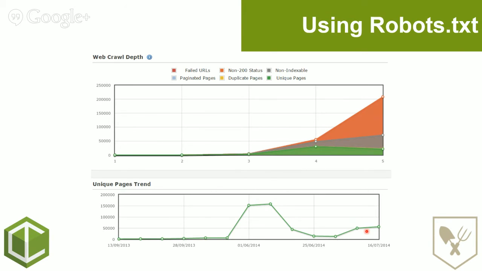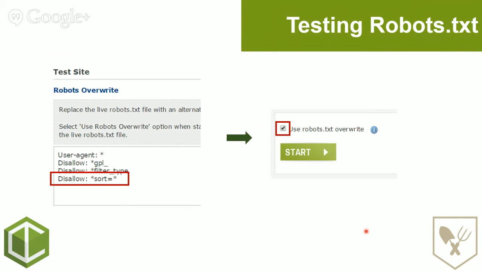So how can you use DeepCrawl to find the scope of your website? You can crawl it and identify the pages which are duplicated, and once you identify some patterns, you can use something like the robots override functionality, where you can mimic how the website would behave if you add, for example, this rule, which is disallowing the sort order.